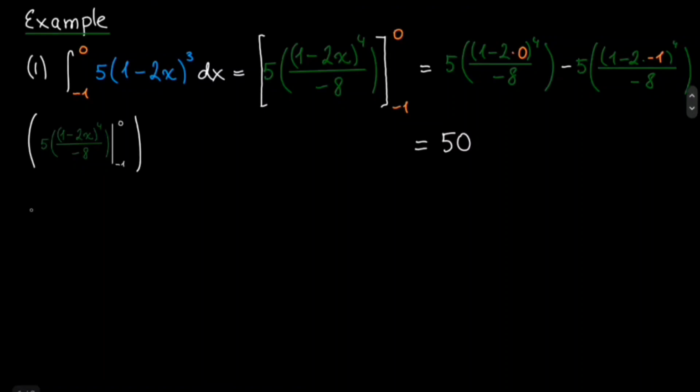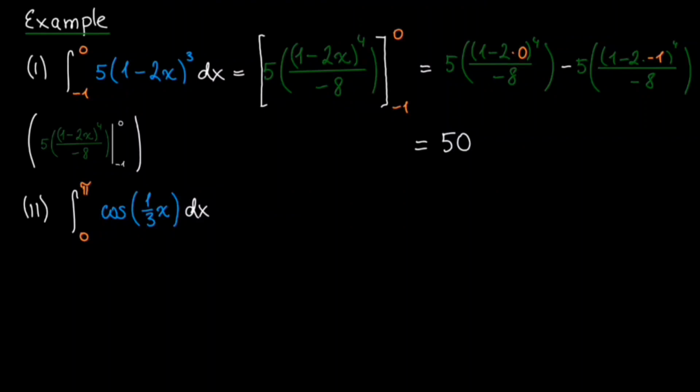So let's take a look at one more example that has something to do with trigonometric functions. Here we are asked to evaluate the integral from 0 to pi of the function cosine of 1 over 3 times x.